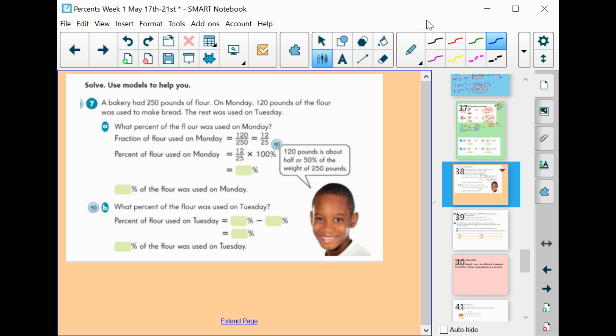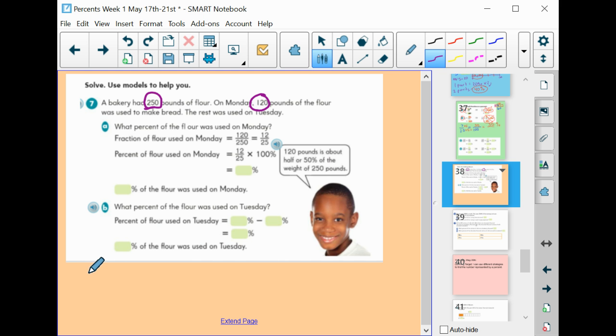So what we're going to do is we are going to build a model to help us with this a little bit. I think what we should do is this. Here's the fraction we're going to use.